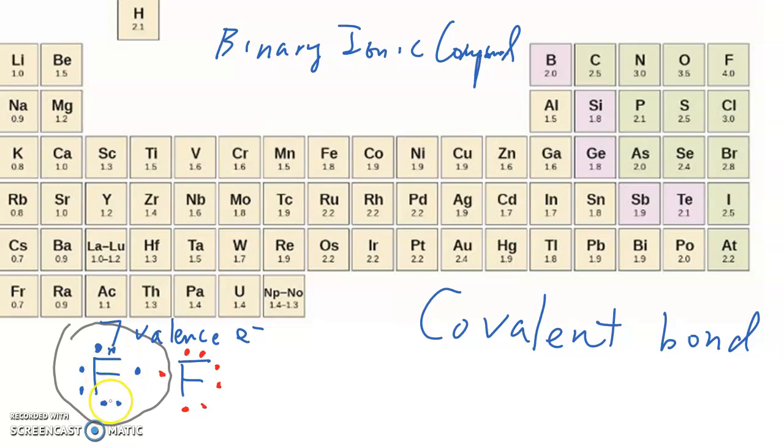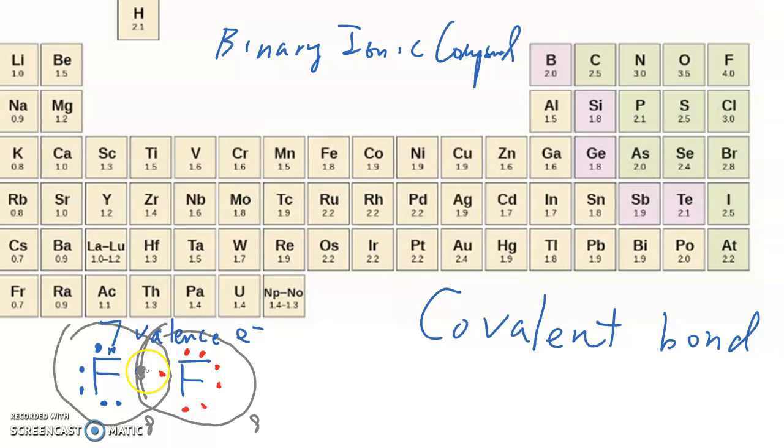With the fluorine on the left, I have 1, 2, 3, 4, 5, 6, 7, 8 valence electrons. If I count for the fluorine on the right, which includes this electron over here, because these 2 electrons are sharing, I have 1, 2, 3, 4, 5, 6, 7, 8. Also 8 electrons. Now, since both atoms have 8 electrons, they are happy.